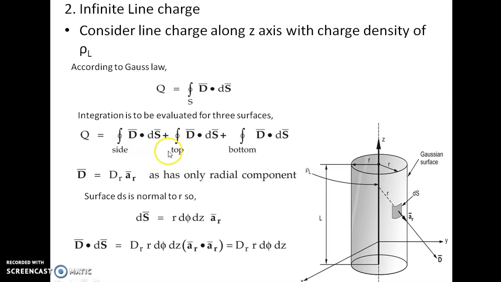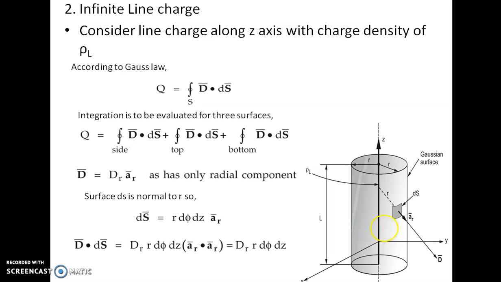Now once you get D dot dS, there will be three parts. One is with respect to the sides, another with respect to the top, and another with respect to the bottom. If you see the diagram, the normal vector for the top surface is a_z cap, and for the bottom surface is also a_z cap. We know from previous classes that if the line charge lies along the z-axis, the component with respect to the z-axis will be 0, because the positive and negative components cancel each other.